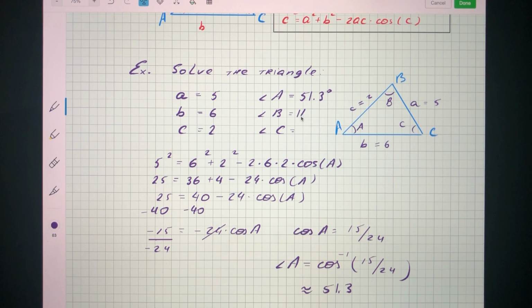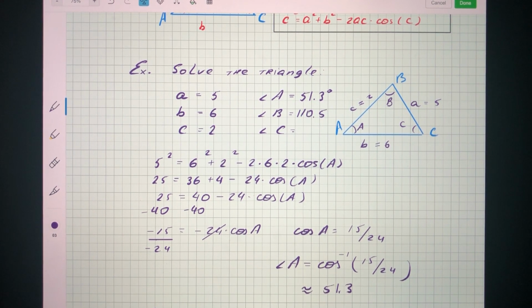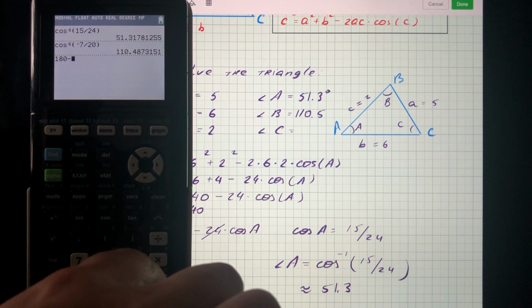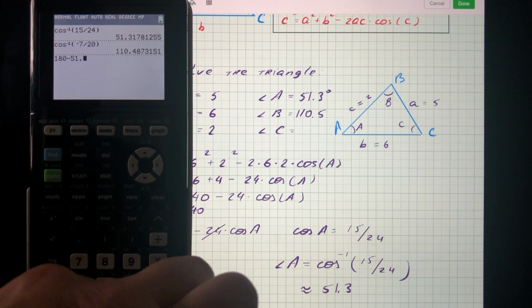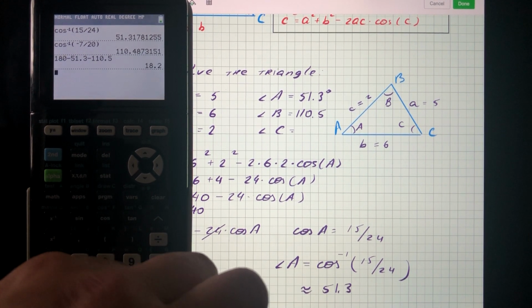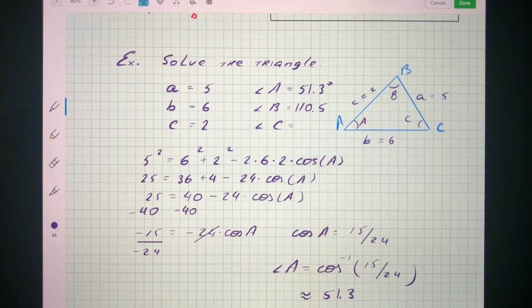So the B is 110.5 and the missing angle C is 180 minus the first 2, minus 51.3 minus 110.5, that comes out to be about 18.2 degrees. So the angle C is about 18.2 degrees.